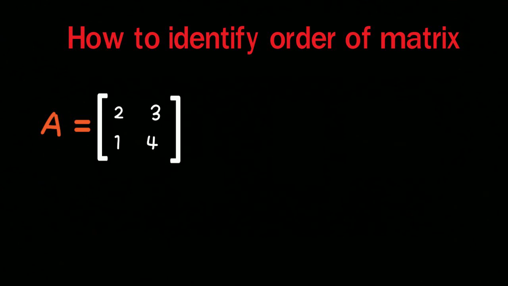What is the order of matrix A? First, you need to calculate how many rows there are. 1, 2 rows. And how many columns are there? 1, 2 columns. So this is a 2 by 2 matrix.